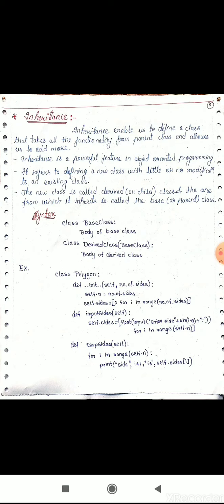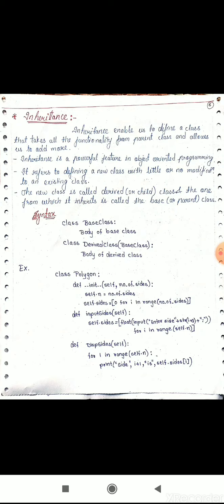So instead of again defining those methods and those attributes in a new class, I will be using the already existing attributes and methods of the previous class, and only the things which I want to define newly will be declared in the new class. So this is the concept of inheritance. That means use the already defined classes, right? So this concept is for reusability.